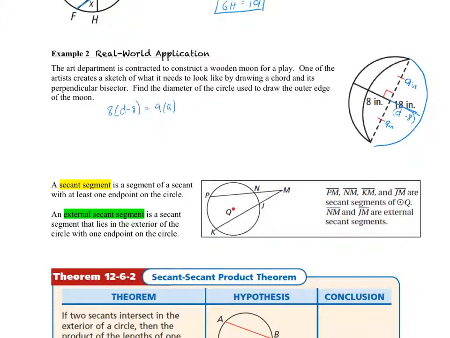We can distribute that if you want. 8d minus 64 is equal to 81. Add 64, so we get 8d is equal to 145. Divide both sides by 8, so that d is equal to 18.125, or 18 1/8, however you want to think about that, inches.